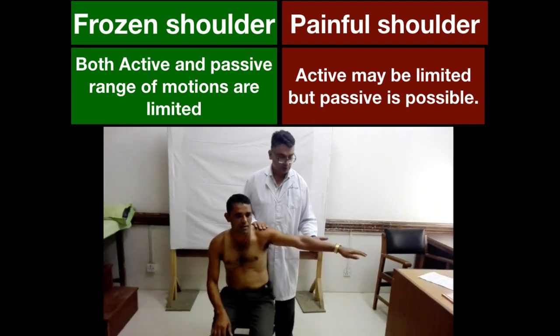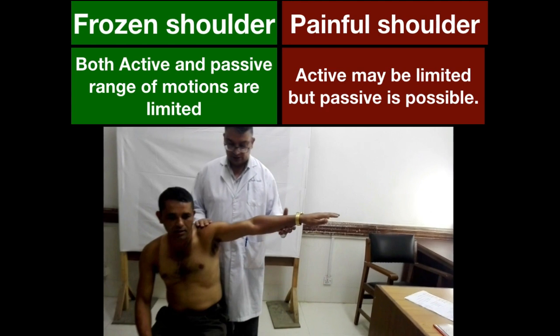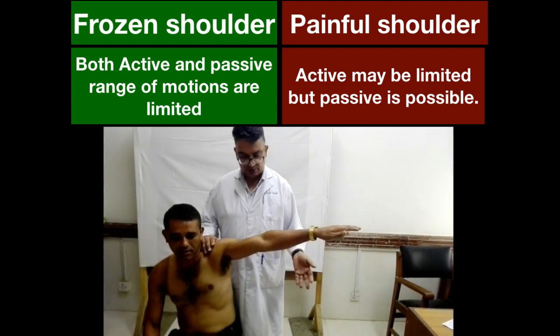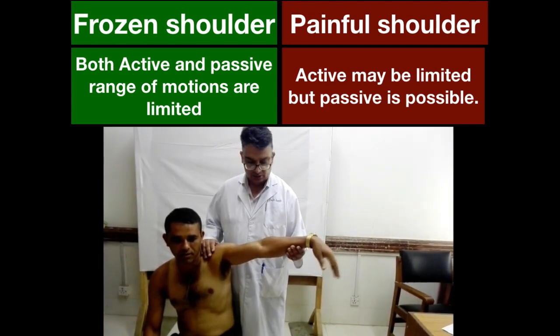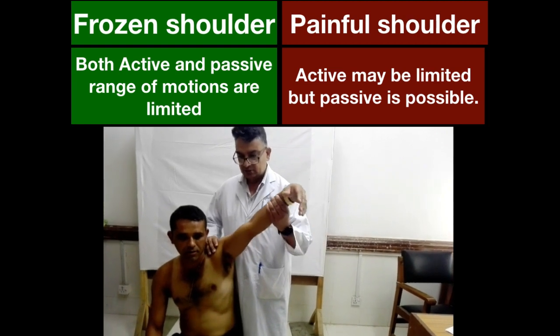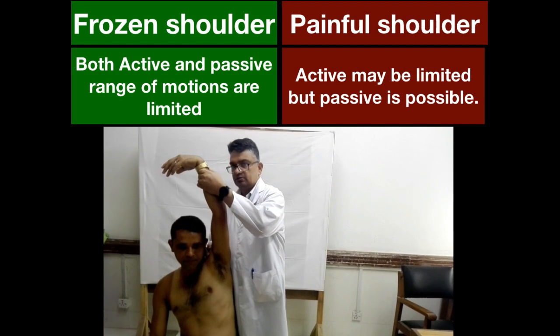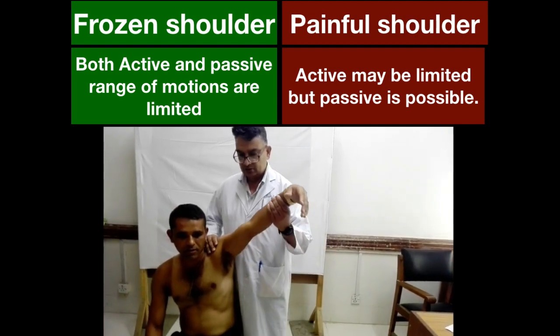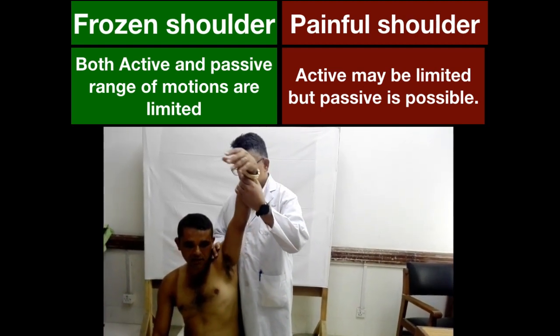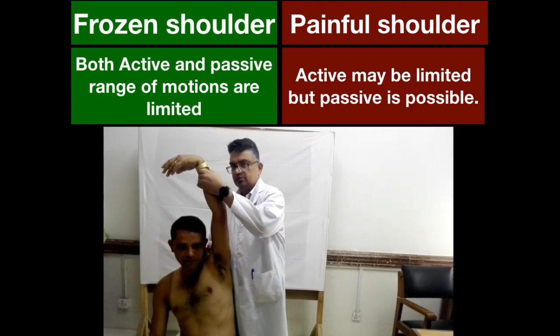It is important because it will distinguish whether it is a frozen shoulder or another painful condition of the shoulder. If it is a frozen shoulder, both active and passive ranges of motion are limited, whereas if it is a painful shoulder, active may be limited but passive range of motion will be possible, like in this particular patient.